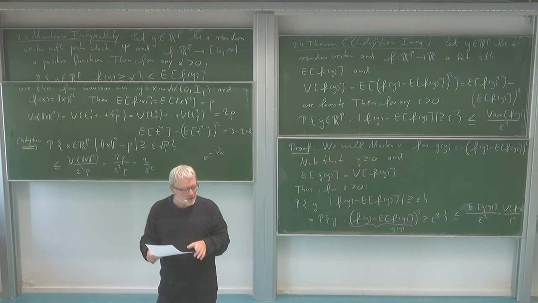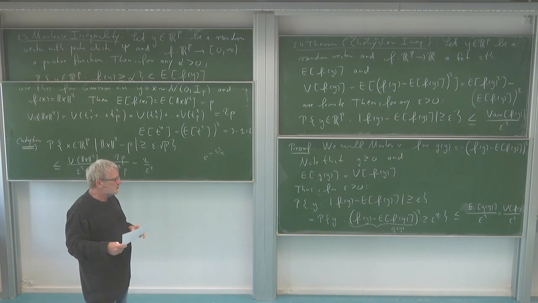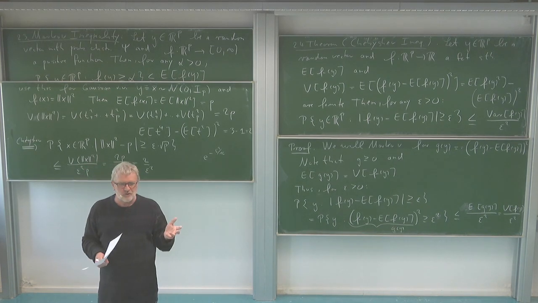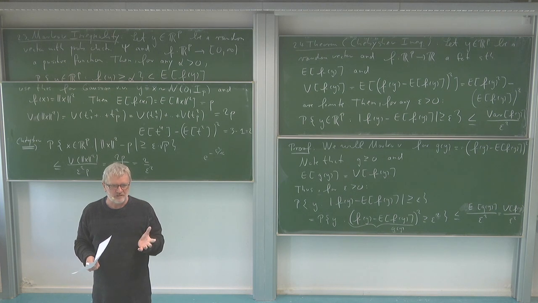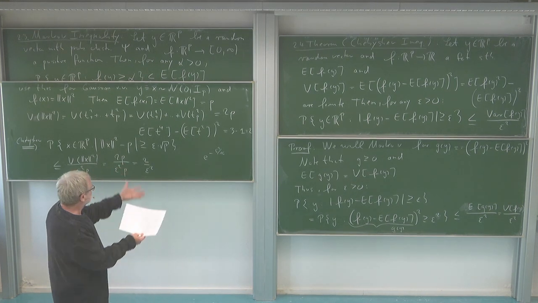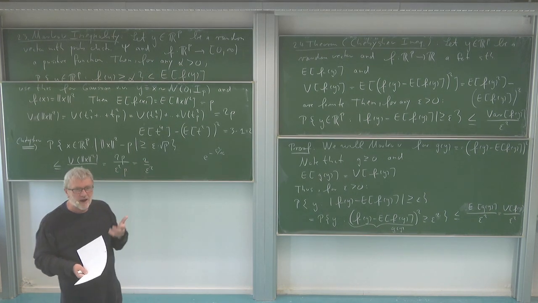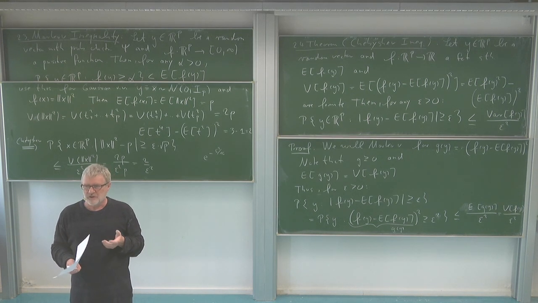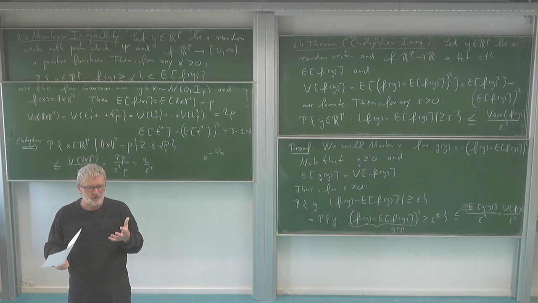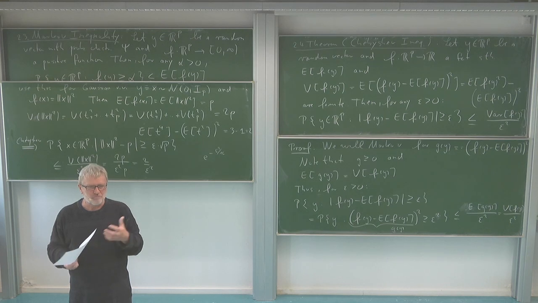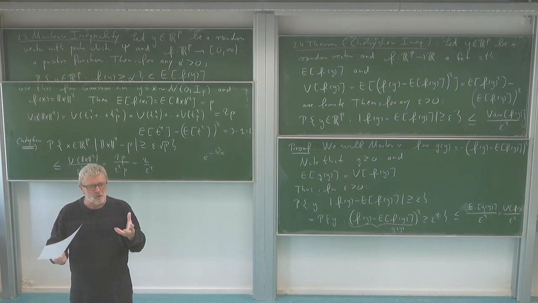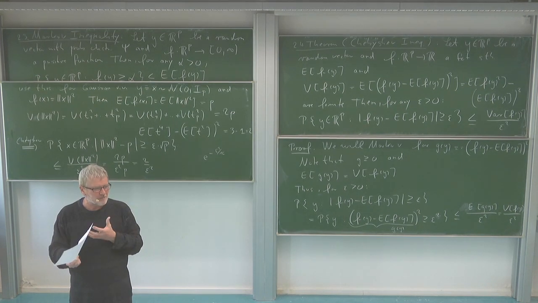That's what I'm going to do next time, and this goes in the direction of Bernstein type inequalities. In principle it's just following the idea that if you have information about higher moments, they also give you more concentration.